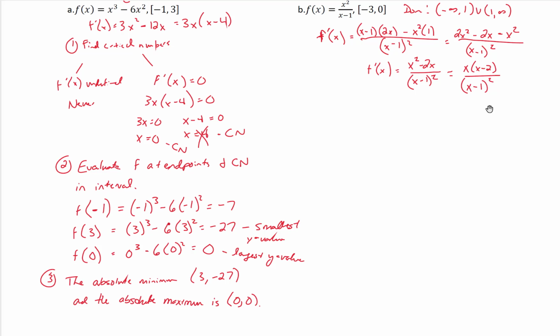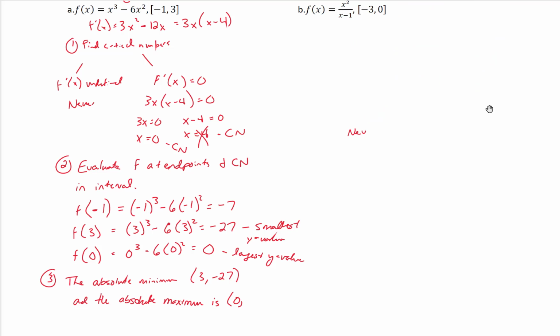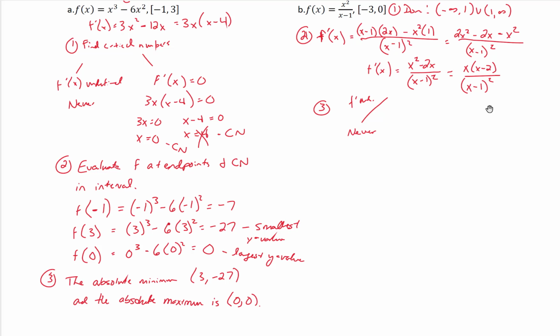All right, so now let's find our critical numbers. So step 1 was the domain, right? Step 2, do the derivative. Step 3, critical numbers. So where is f prime of x undefined? It's never undefined on the interval we care about, right?